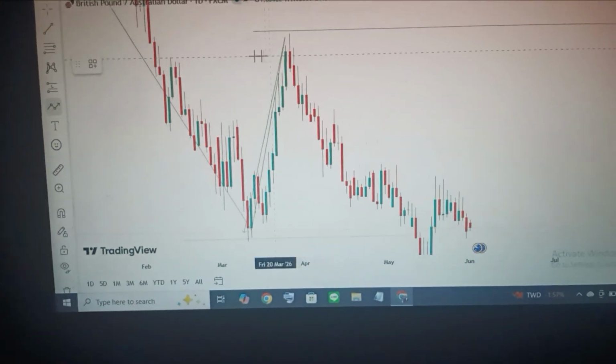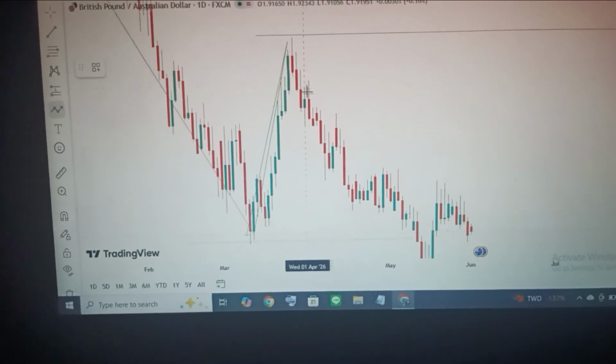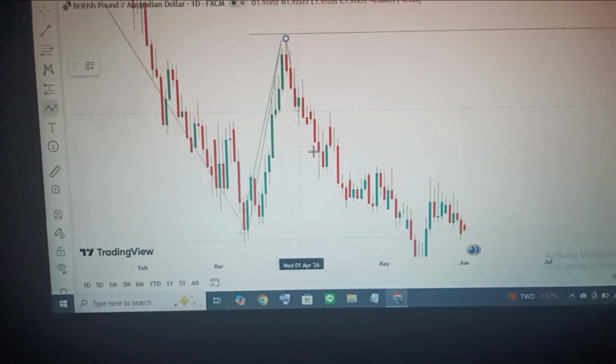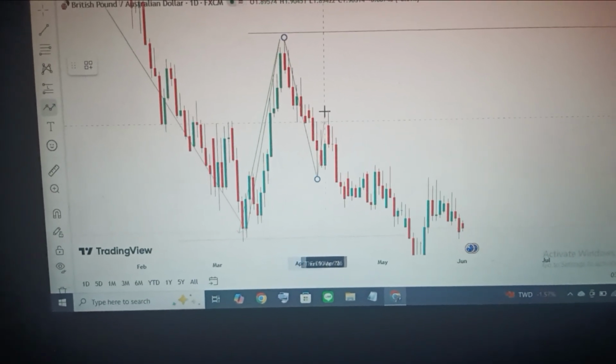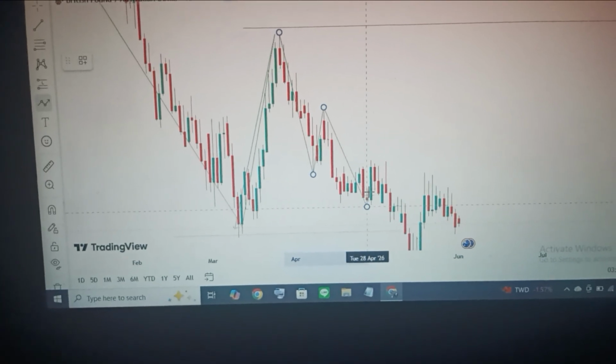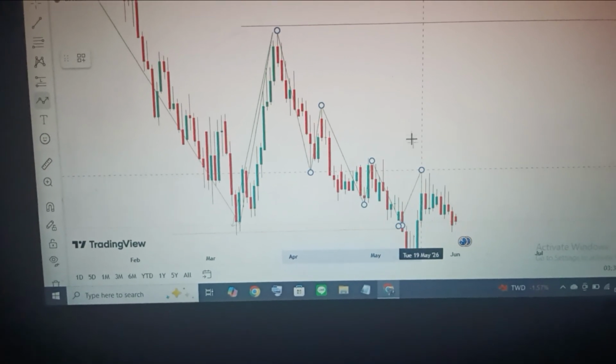Now, as I said earlier, structure varies across time frame. So what you can see here, we have this high here, we have this low, we have this high. You can take it down here, we have this low, we have this high.